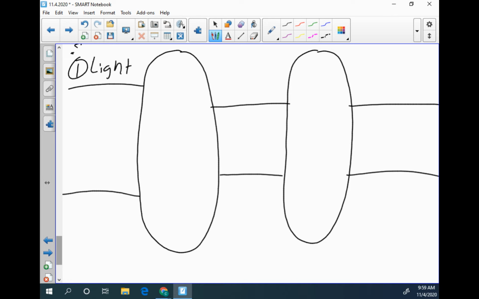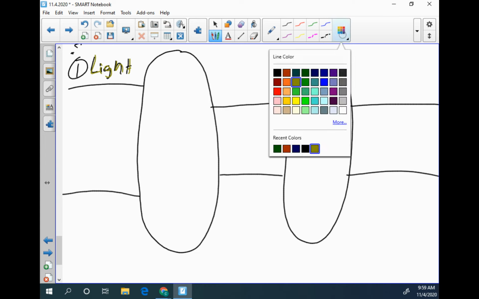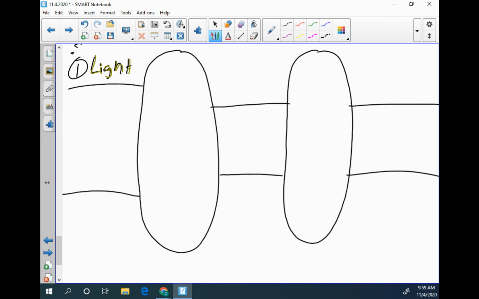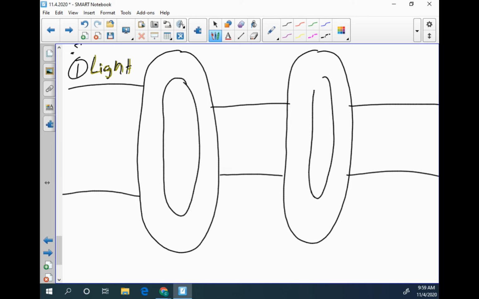Actually, I'm going to keep changing colors because why not? We've got light. So we've got our light harvesting complexes and our reaction centers.